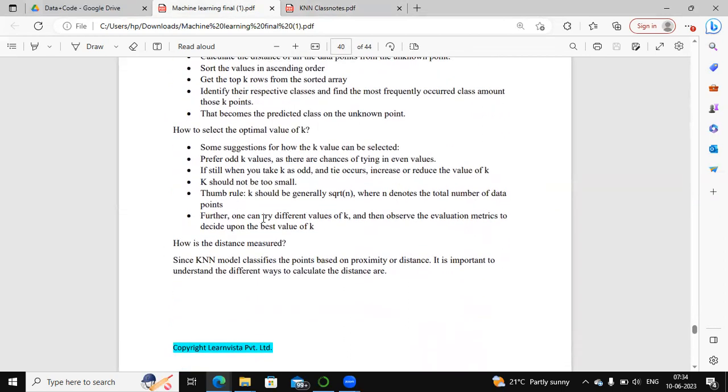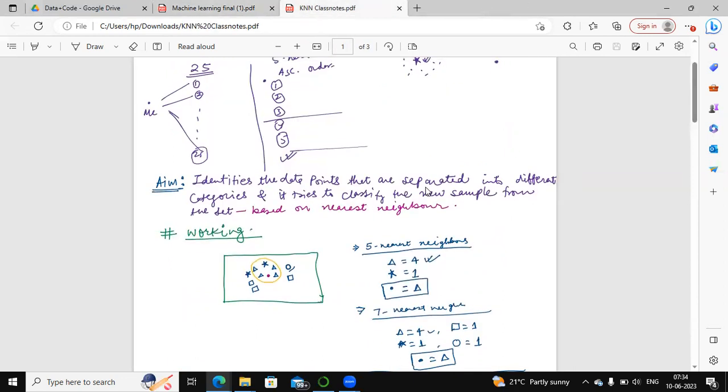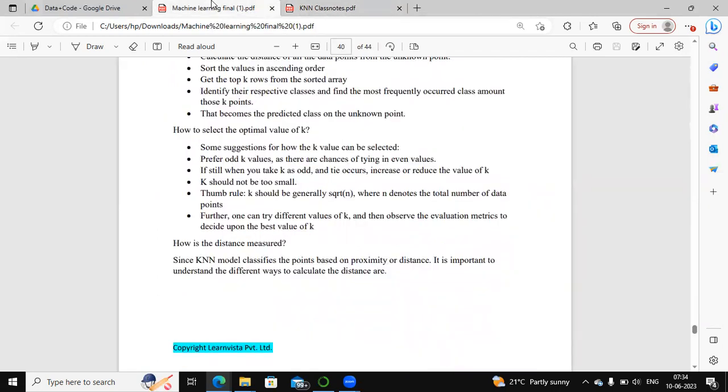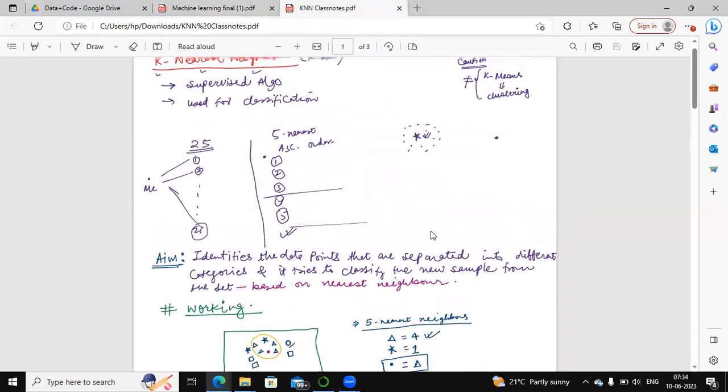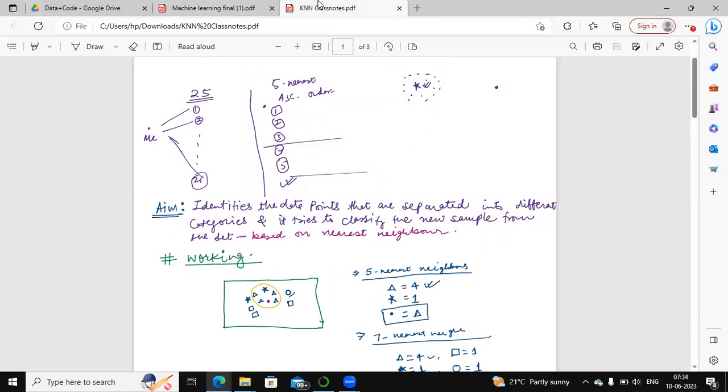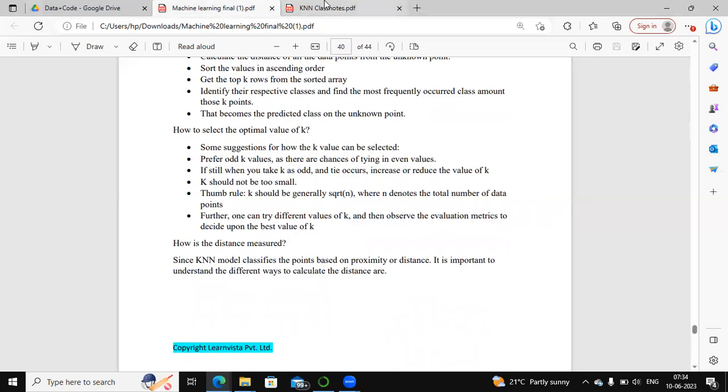Further, one can try different values of k and observe the evaluation metrics. You can increase or decrease the values of k, apply it and see at which k value you get the highest accuracy, or the highest precision and recall scores.